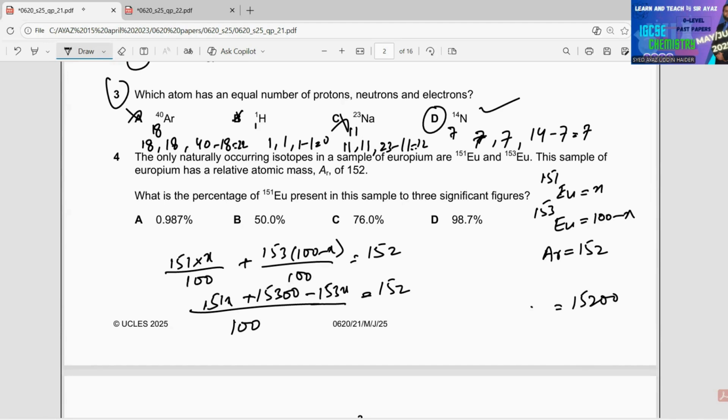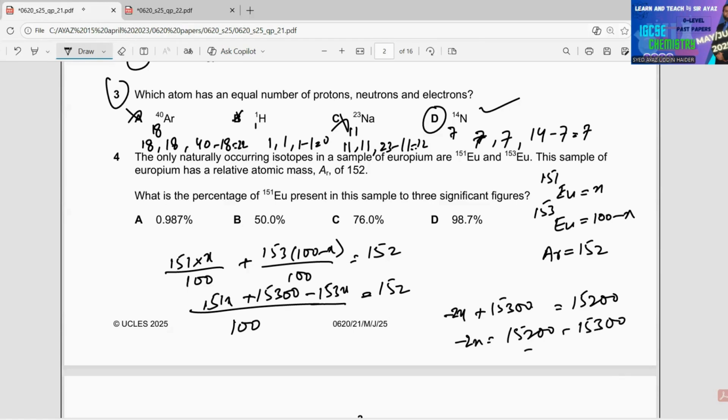And on this side, we will have 150 minus 151, 151X minus 153X becomes minus 2X. So I will write minus 2X plus 15,300, or minus 2X is equal to 15,200 minus 15,300.